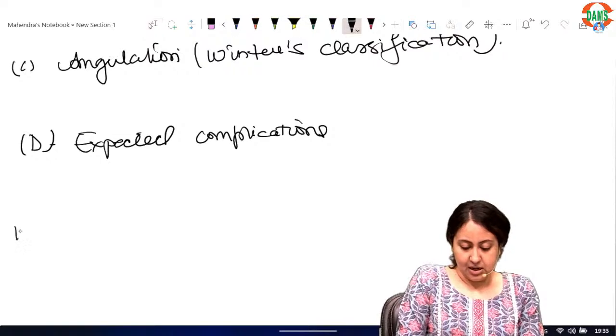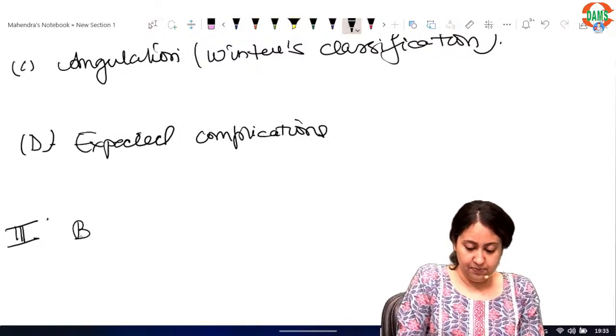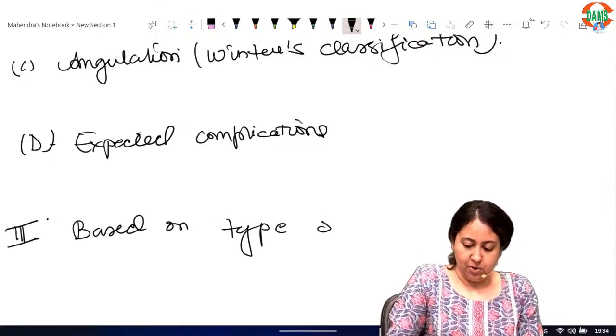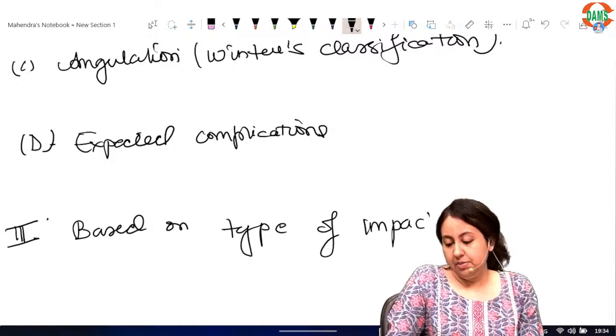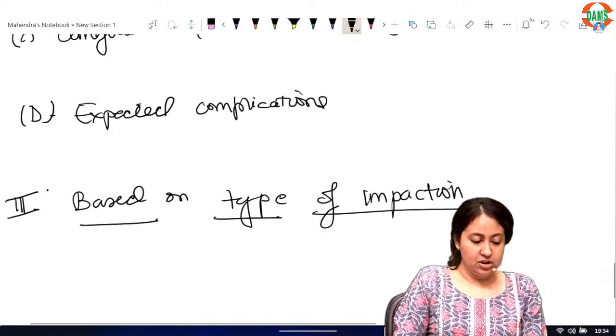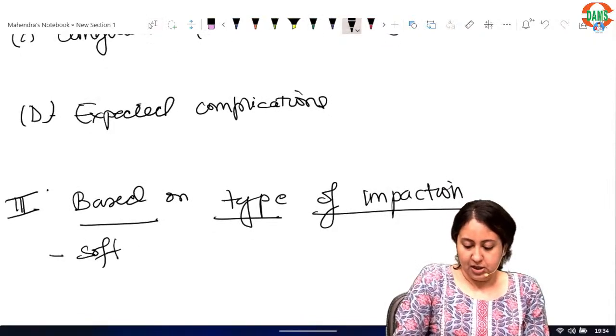Now, there is another classification of impaction, based on type of impaction. So, it can be soft tissue impaction.